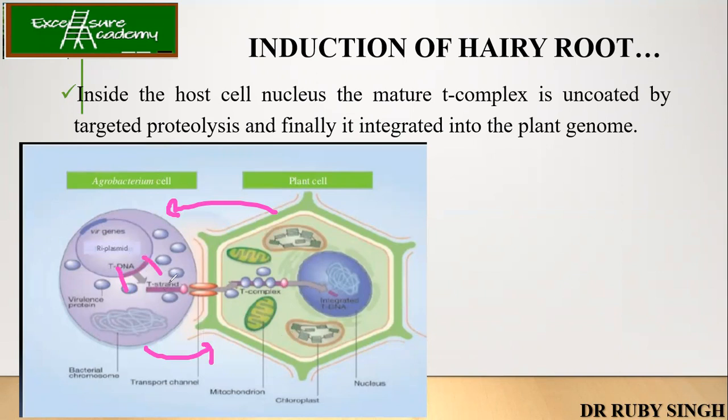It is coated with different proteins and then transported to the plant genome. That is called the T complex, the mature T complex, which is formed. It gets uncoated with the help of proteolysis in the plant host cell, then it gets integrated into the plant genome. Once it is integrated, it is going to cause the hairy root disease.